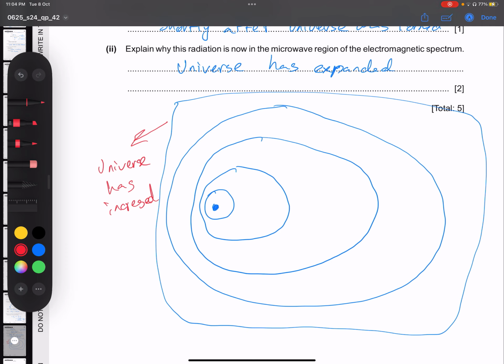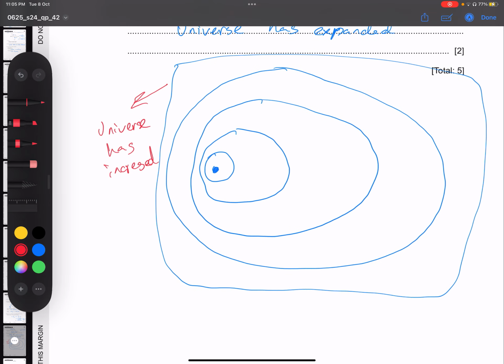But the problem now is that it has been expanding for so many years that the radiation has been redshifted so much that it has now eventually reached the microwave region, from gamma rays to X-rays to ultraviolet to the visible region, and then into the infrared region, and then finally into the microwave region.